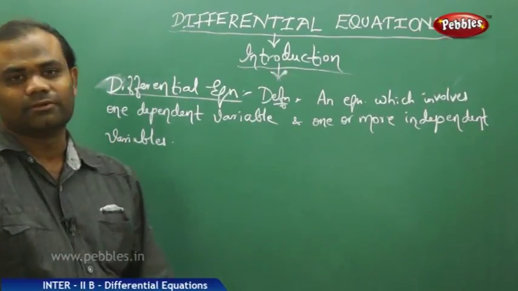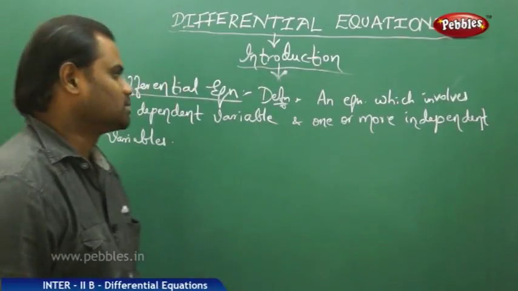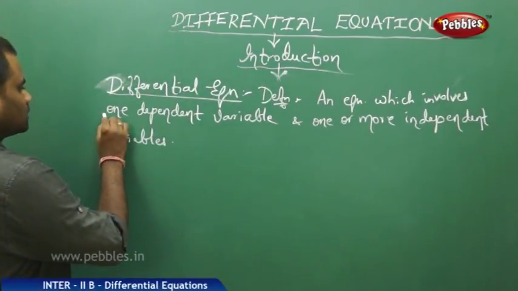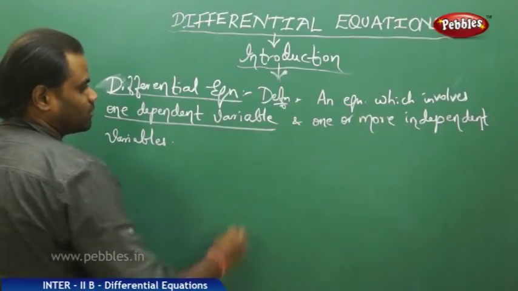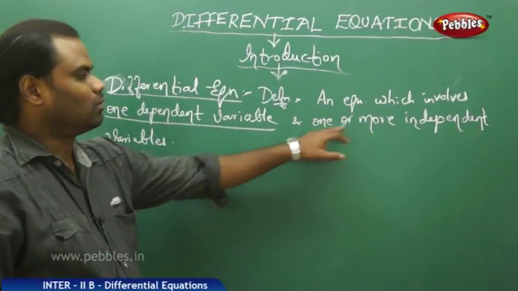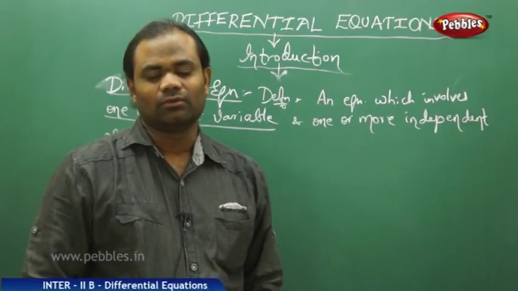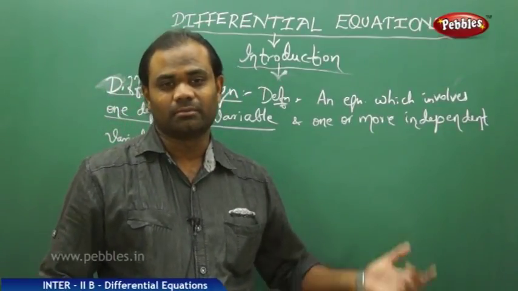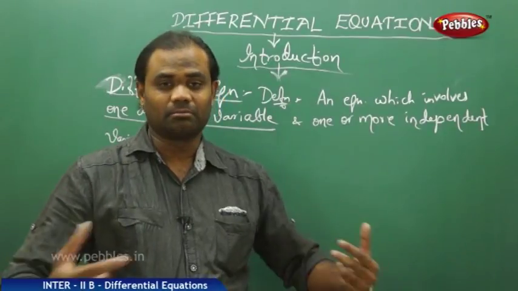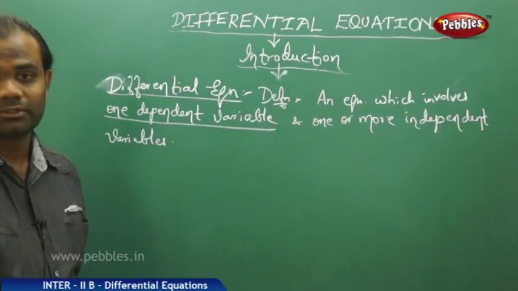That is, a differential equation should have one dependent variable, and it can have one or more independent variables. So let's see with an example what is a dependent variable and an independent variable which combine to form a differential equation.